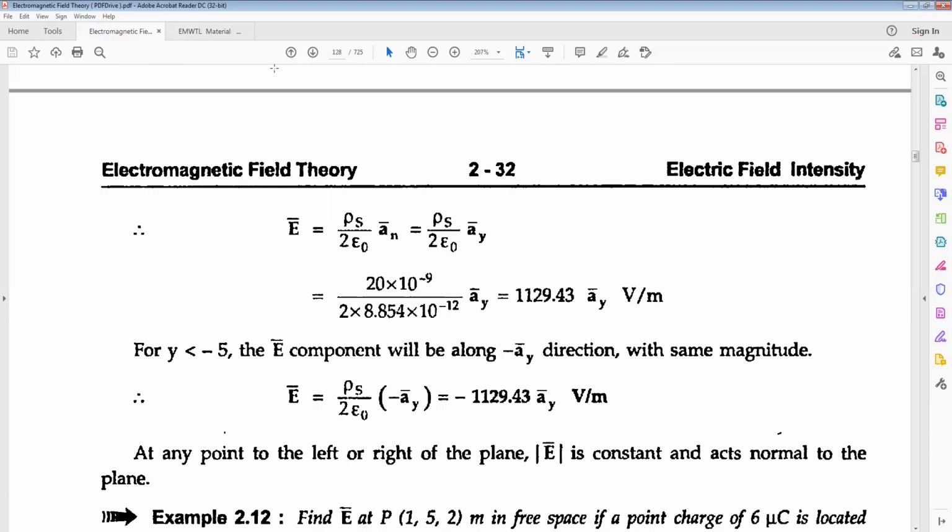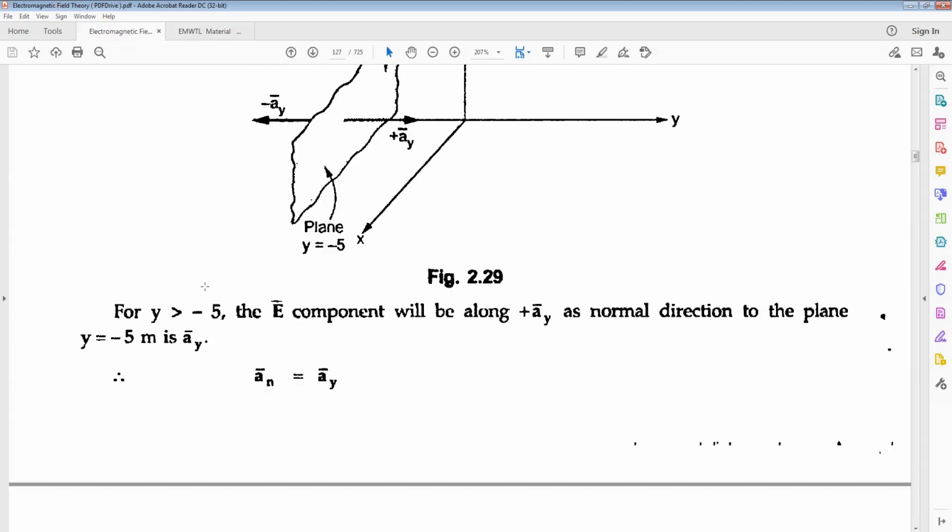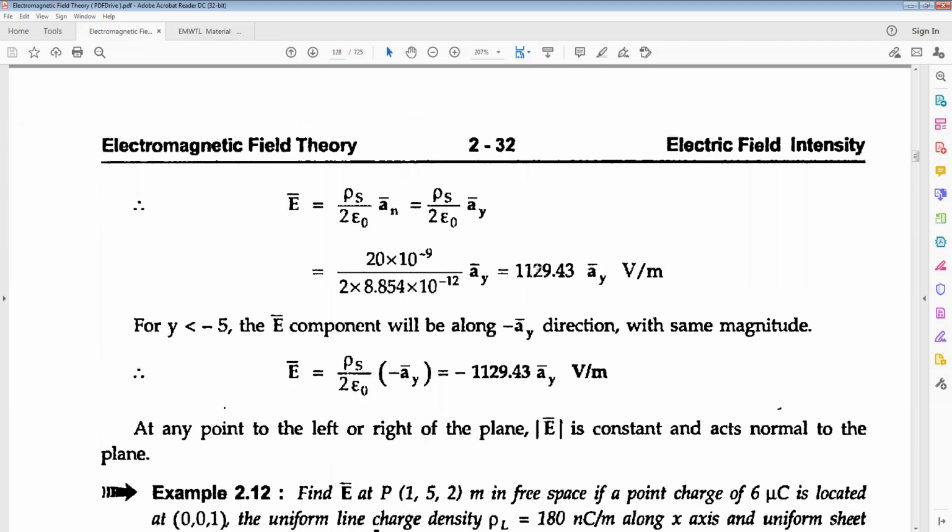If it is in the negative direction, along the minus AY bar direction with the same magnitude, then y is less than minus 5. Considering y greater than minus 5, we got a positive value. If it is less than minus 5, we get the negative value.